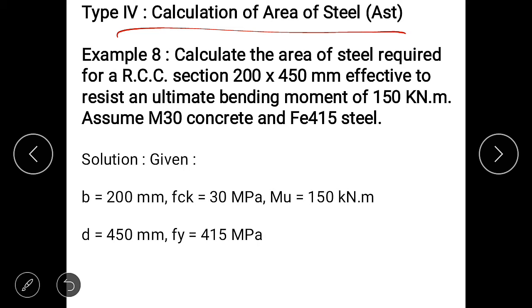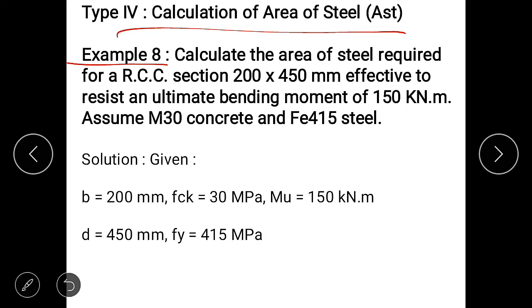Okay, so how to calculate the area of steel? Before, in the examples, Ast was already given. In this numerical we have to calculate Ast. If it is already given, then no problem, but if they ask to calculate, then how to calculate? We solve one example on it.